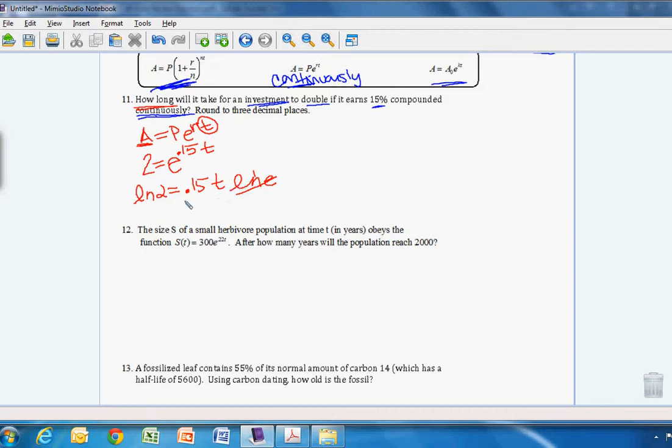Then I'm going to divide by 0.15 to leave T alone, and since I do it to one side, I have to do it to the other. Throw the natural log of 2 divided by 0.15 into your calculator, and you should get 4.621 years.